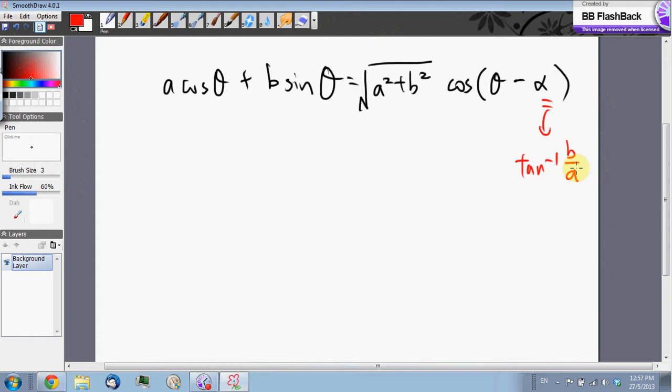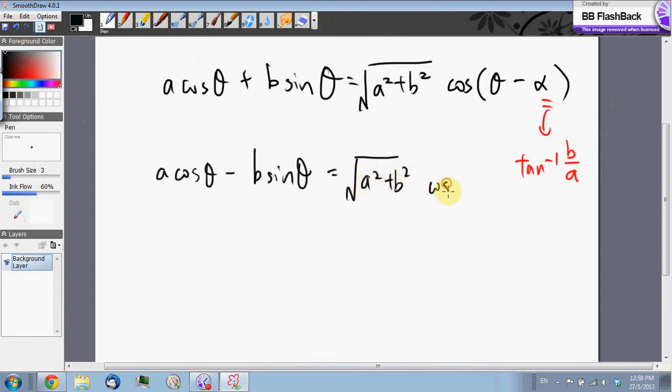As we go on, we can derive other things like a cosine theta minus b sine theta, with a minus sign here and b positive. You get something like this: root of a square plus b square times cosine of theta plus alpha, where alpha again is tangent inverse of b over a, but this time we have plus here.